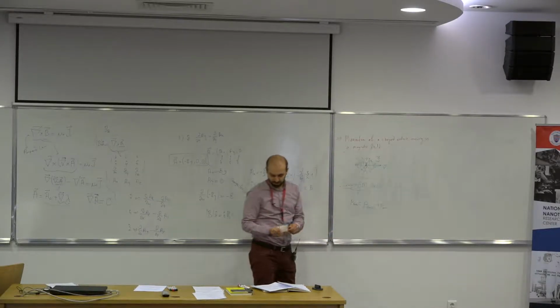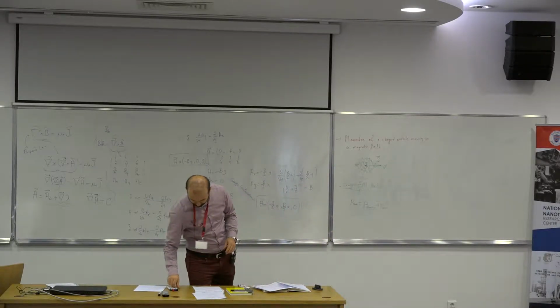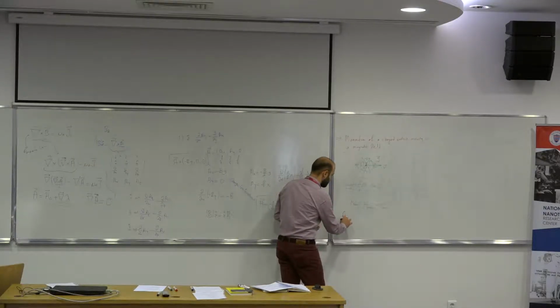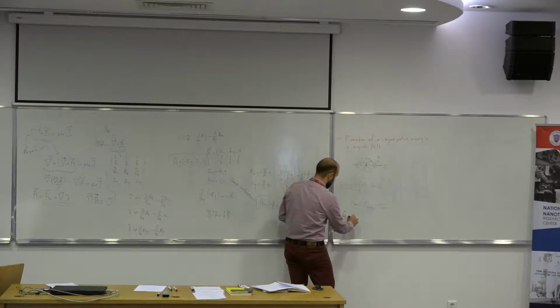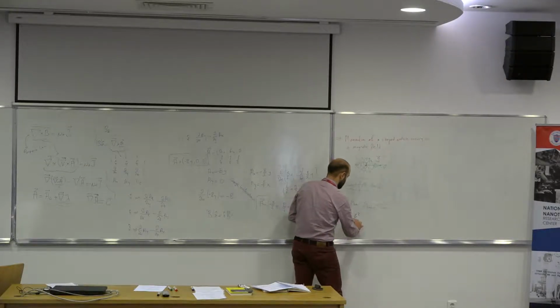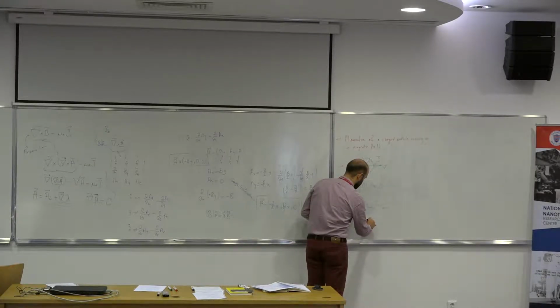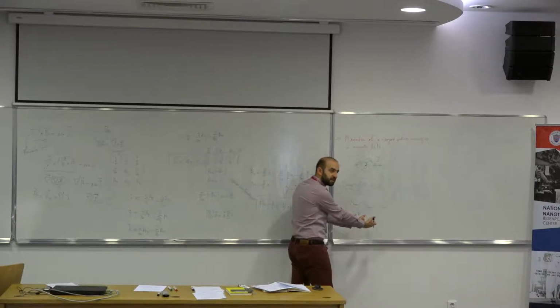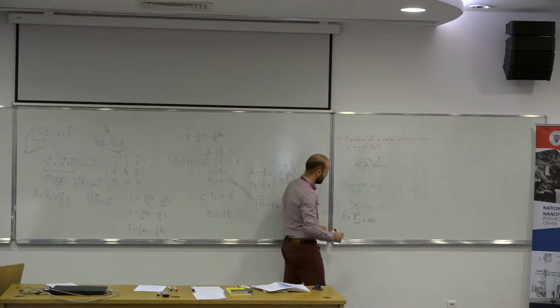If you remember, the Hamiltonian expression for the Schrodinger equation was this, right? So I had my V(x), and I applied this to a wave function to be able to solve the Schrodinger equation.